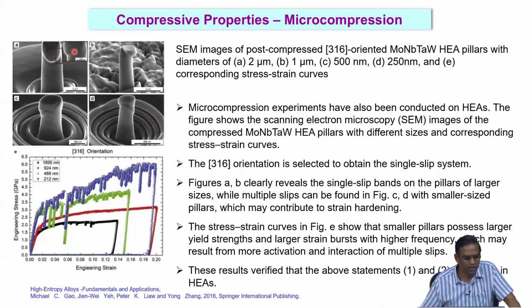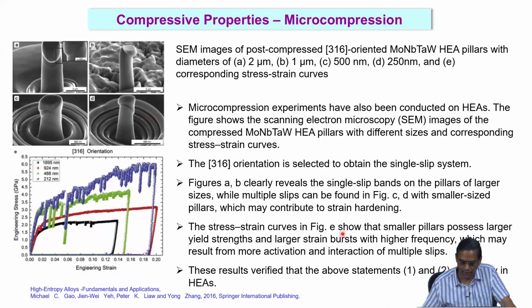So, what you are seeing here is a slip, they are showing clearly slip bands on the pillars of larger sizes, while multiple slips can be found in C and D. So, here you see multiple slip 1, 2, 3, here 1, 2, 3, here just 1, with smaller size pillars, which may contribute to the strain hardening. So, C and D is different from A and B in terms of size, right.